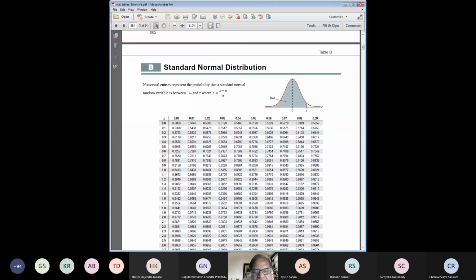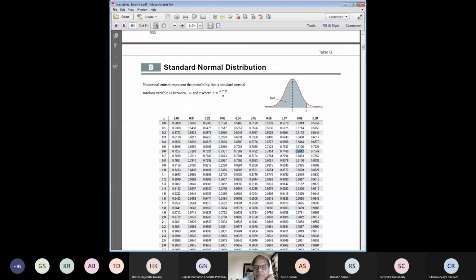Suppose I have taken this value. What is the point? The point is 0.68, which means 0.7517 represents the area between minus infinity and z, and this z point is 0.68. So the area below 0.68 is 0.75.